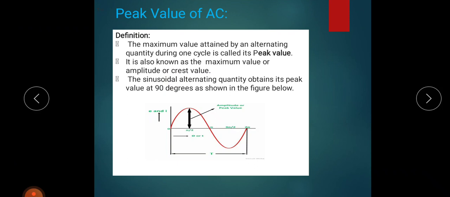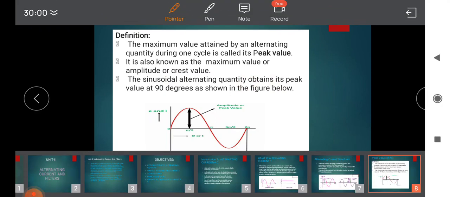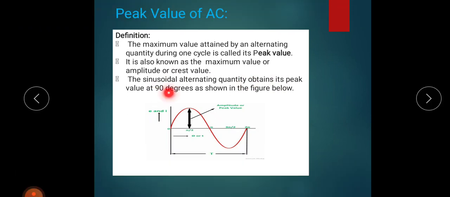The sinusoidal alternating quantity obtains its peak value at 90 degrees as shown in the figure below. Here one complete cycle of the alternating current, indicated by the time period T, covers 360 degrees, which is equal to 2 pi.